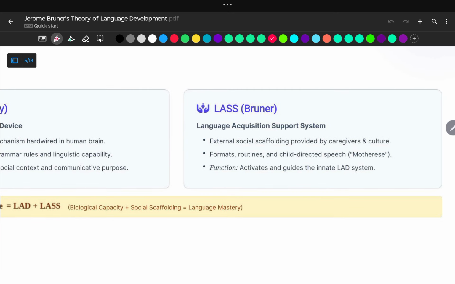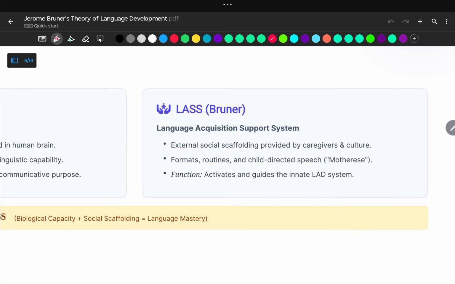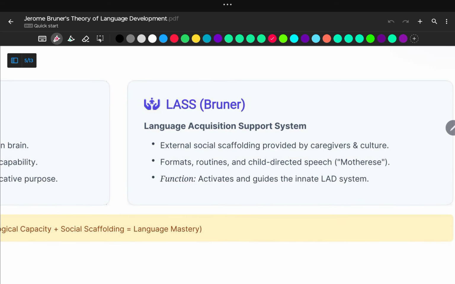The language acquisition support system, popularly known as LASS, is an external social scaffolding provided by caregivers and culture. When children interact with more knowledgeable others, it is easier to develop linguistic capability compared with children who do not have scaffolding, who do not interact with more knowledgeable others.